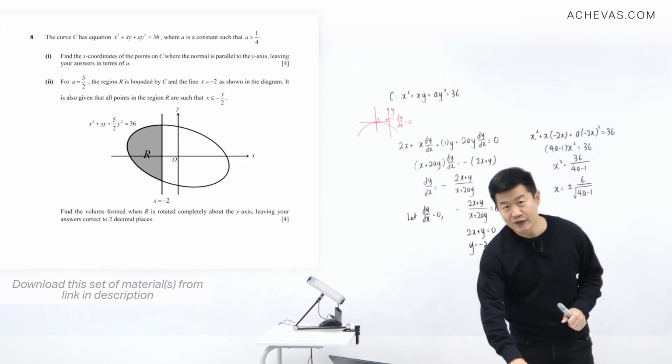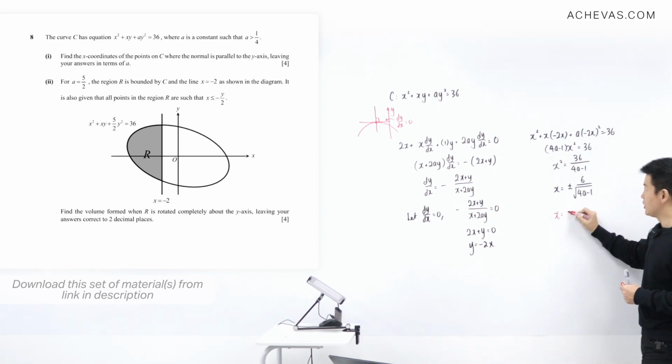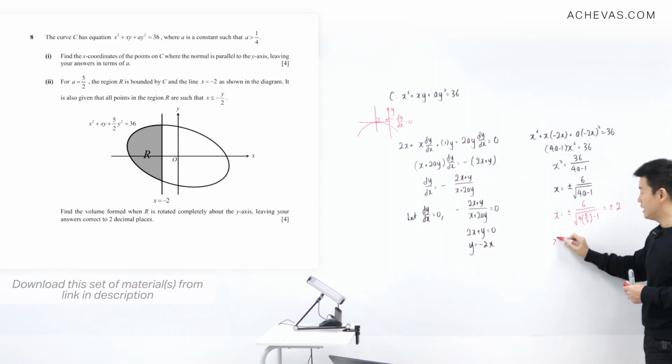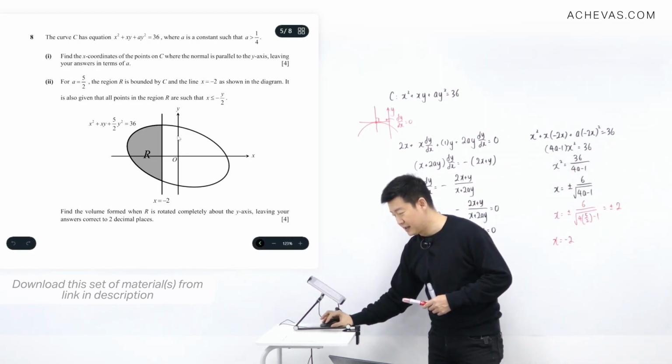There's something interesting to take note of: when a is equal to 5 over 2, x is equal to plus or minus 6 over the square root of 4 times 5 over 2 minus 1, which is plus or minus 6 over the square root of 9. So 6 over 3, this is plus or minus 2. So one of the normals is x equal to minus 2, which is reflected here, this line here.